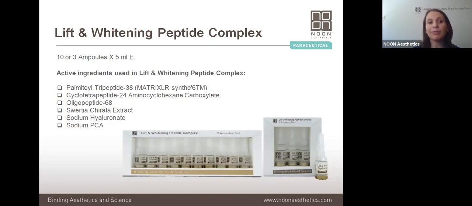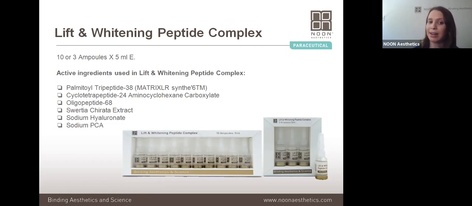So first we have the lift and whitening complex, which contains the oligopeptide 68, which, as I talked a lot about, is the melanin inhibitor, and the peptide of matrixyl, which is actually called mesotherapy without needles, since it can really do the same as mesotherapy technology is doing.